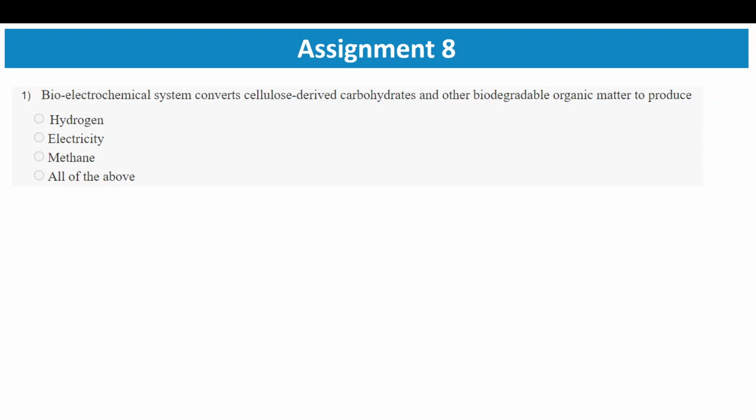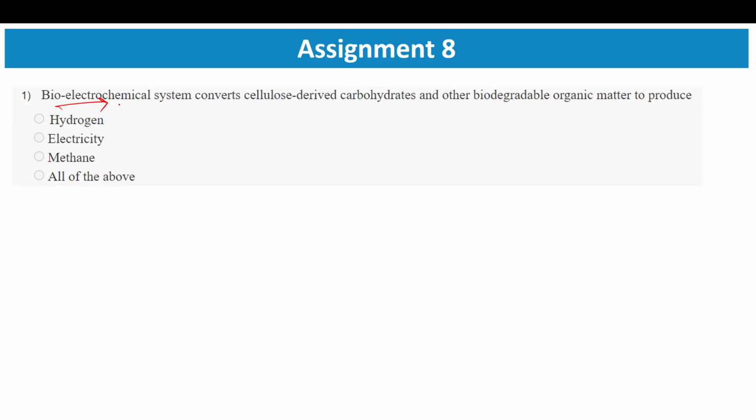Okay, so here the key term that you need to see in the question is the bioelectrochemical process. When used for degradation, electrochemical is nothing but either conversion of a chemical through reaction to form electricity, or using electricity to have a chemical reaction.